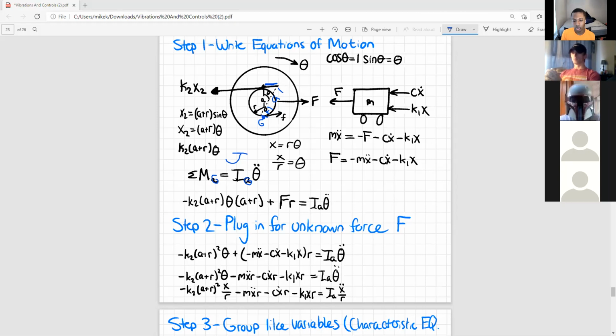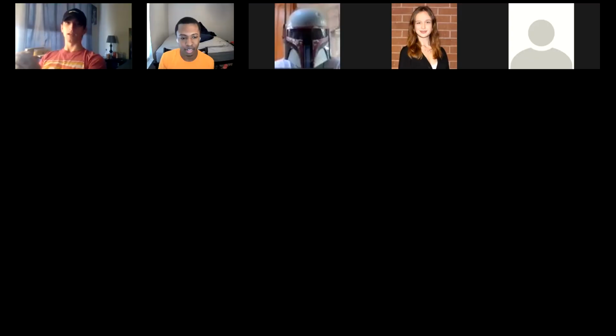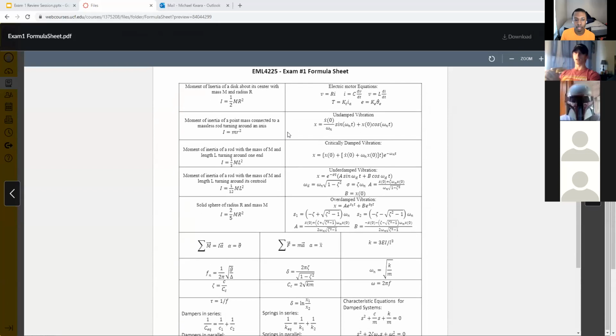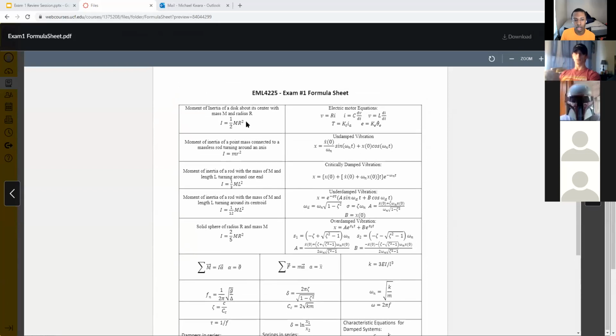I know she does sometimes, but I don't know about the motion. So if you were to use a moment of inertia and they didn't just give you J, it would be one of these.